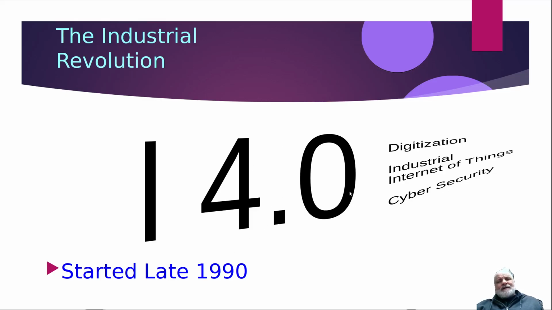And now we are 25, 30, 35 years later, and some people have even started coining that we are kind of in 5.0 stages or something like that. But this term I 4.0 was actually coined in Germany, and it wasn't coined all that long ago.